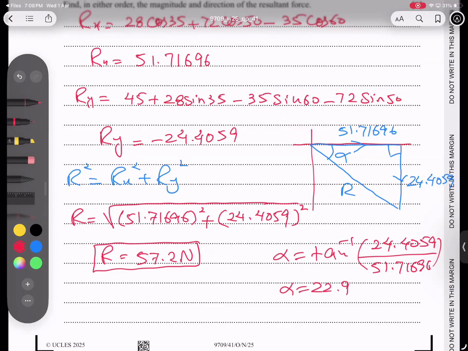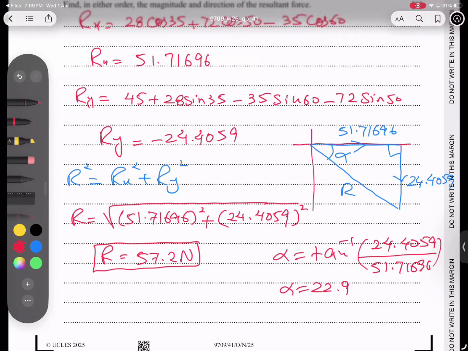Now, okay, one minute. Let me check once again. Tan inverse of Ry, 24.4059, divided by 51.71696.